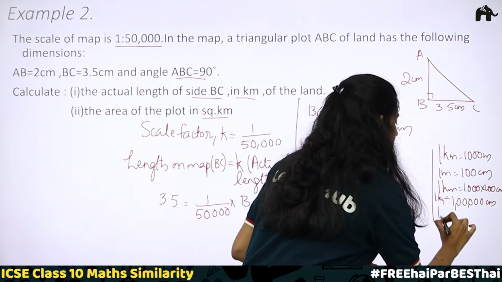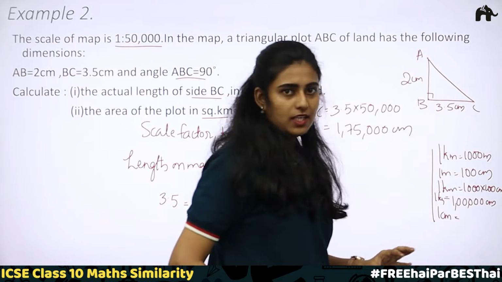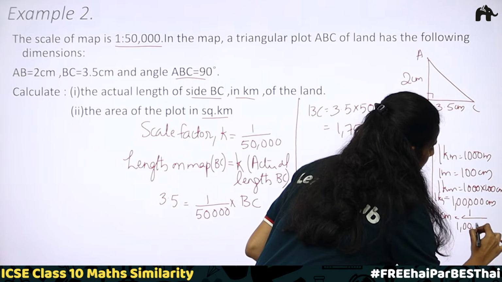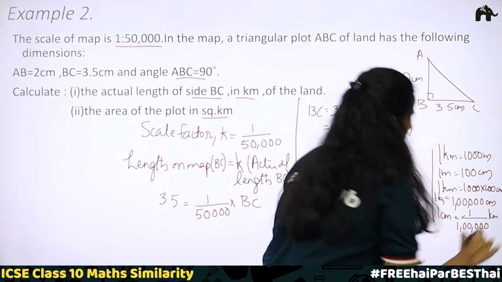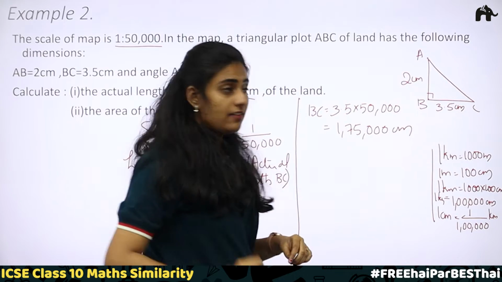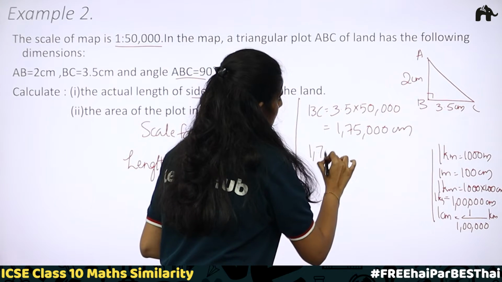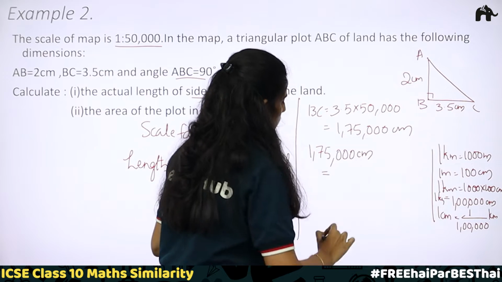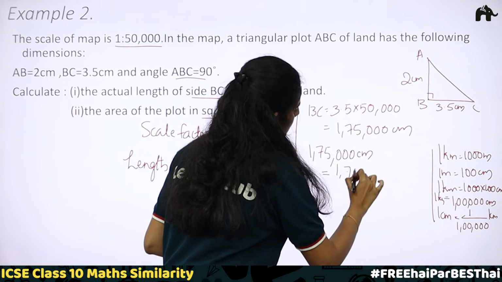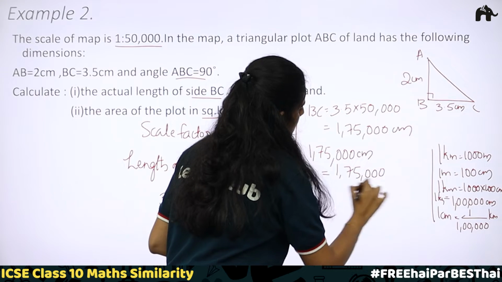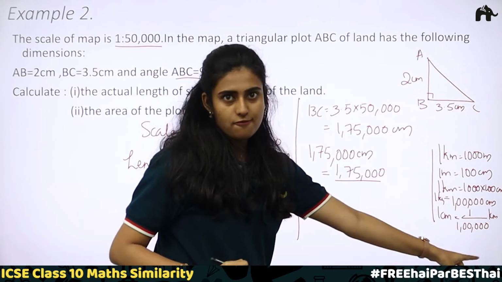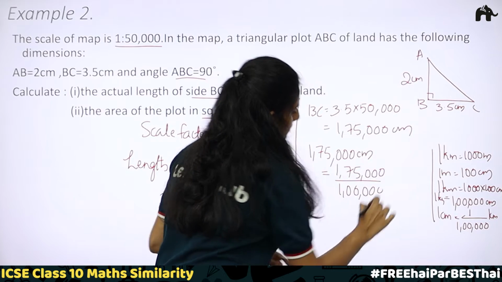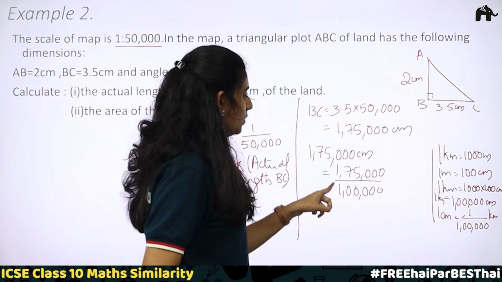Then what is 1 centimeter? 1 centimeter will be equal to 1 by 1 lakh kilometer. Here we have 1,75,000 centimeters. That is equal to 1,75,000 divided by 1 lakh. So how many decimal places when you divide by 1 lakh?